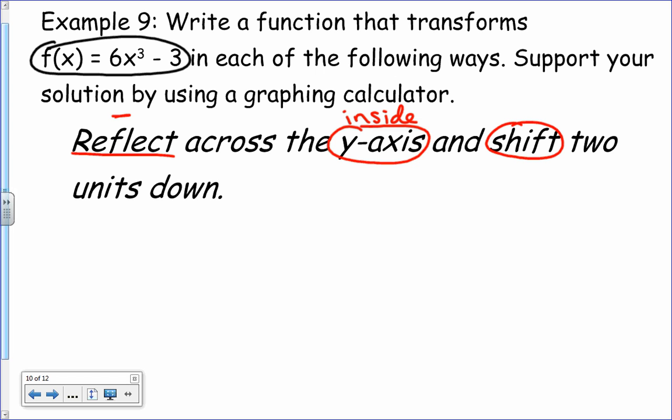Okay? Now, the next thing is shift. Now for shift, that's where you're adding and subtracting, correct? It's going 2 units where? Down. Is down inside or outside? Outside, because that's vertical. And it's going 2 units down. So what am I going to have to write on the outside? +2 or -2? -2 on the outside.